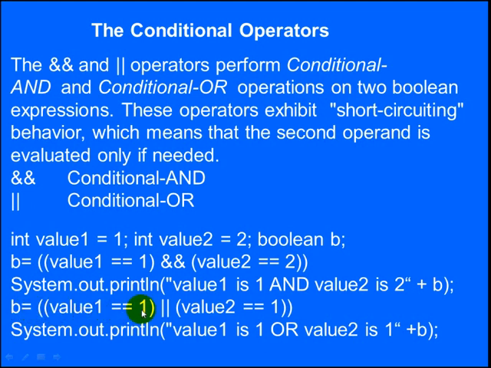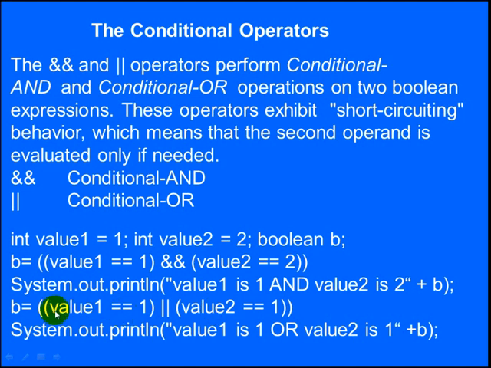value 1 equals 1 or value 2 equals 1. In this case, instead of using the conditional AND, we have used conditional OR. In case of OR, if we study the truth table of the conditional OR operator, it says that if either of the inputs is true, then the output is true.